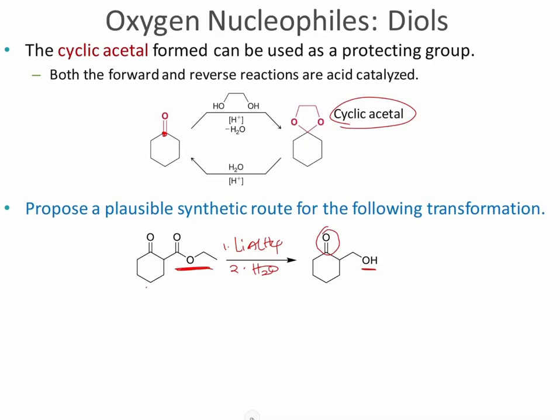So there's something else we need to do before we do that reduction. We can protect this group. So in the first step, what we do is we can use a diol in the presence of sulfuric acid, and that is going to protect the ketone, leaving us with the ester.